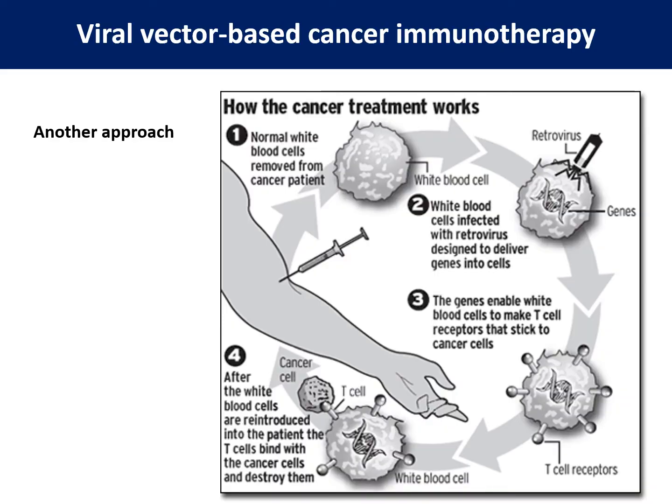So this is another approach on how cancer immunotherapy can be formulated based on viral vector. Firstly, we can remove the normal white blood cells from the cancer patients, and then we infect these white blood cells with a retrovirus that already contains the gene of interest, in which these genes enable the white blood cells to make a T cell receptor that can stick to cancer cells.